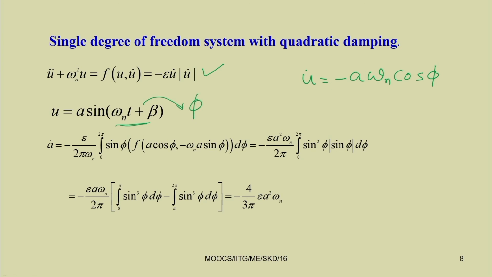So, a dot equal to minus epsilon by 2 pi omega n, integral 0 to 2 pi sin phi into this f. For f already I told you, u dot can be replaced by that term. So, we have a dot equal to sin phi into u dot.